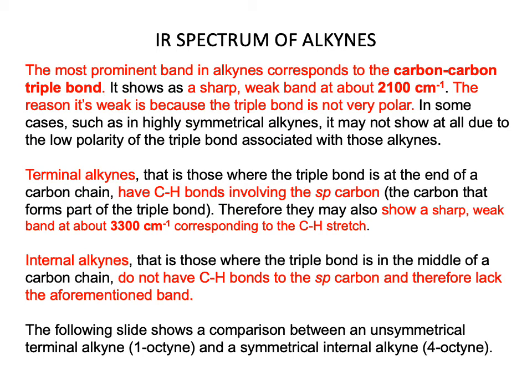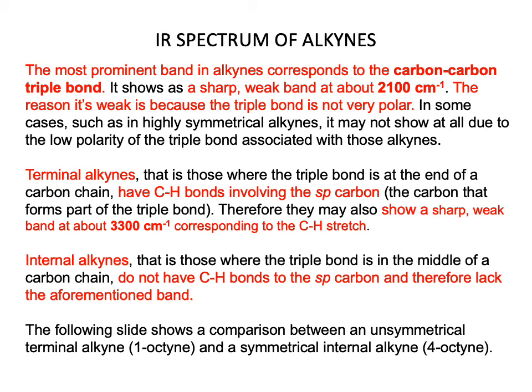So for alkynes, the most important band is the triple bond between two carbons. We have a sharp, weak band at 2100. But we have two conditions: either the carbon is a terminal carbon, or terminal alkyne, or we have internal alkynes.